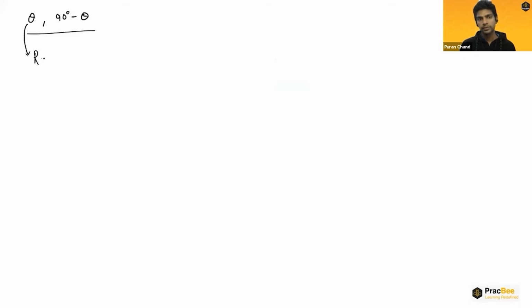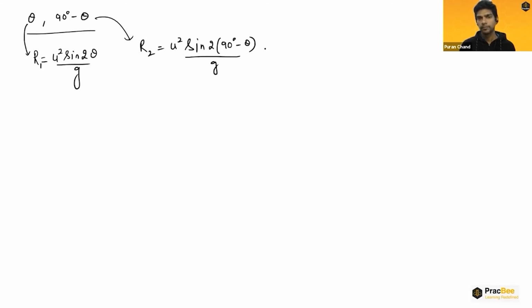The range in the first case will be u square sin 2 theta by g, right? In the second case, the range will be u square sin 2 times (90 degrees minus theta) by g, which will be u square sin (180 degrees minus 2 theta), right? Sin (180 minus something) will be sin of that something, right?